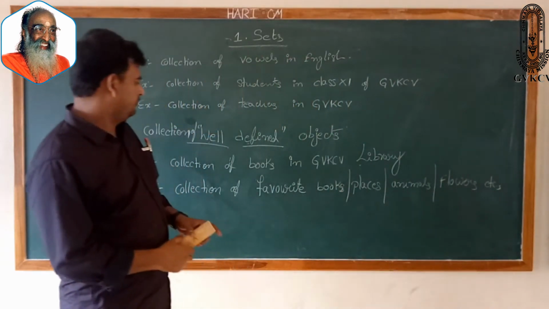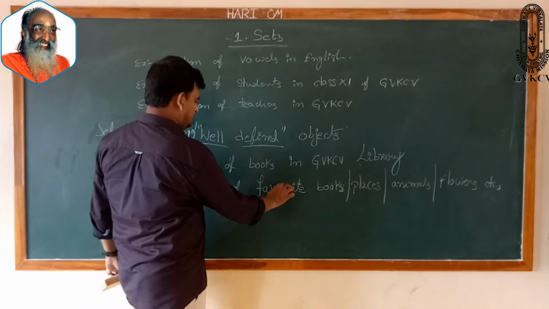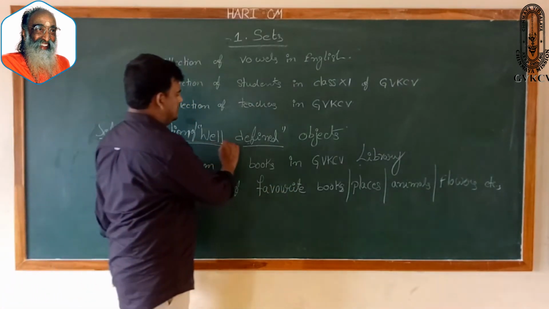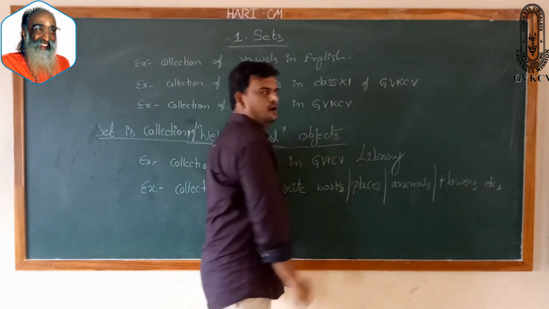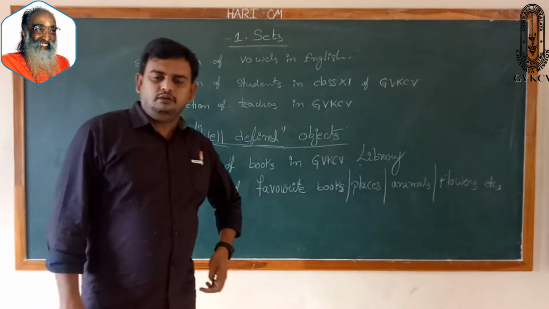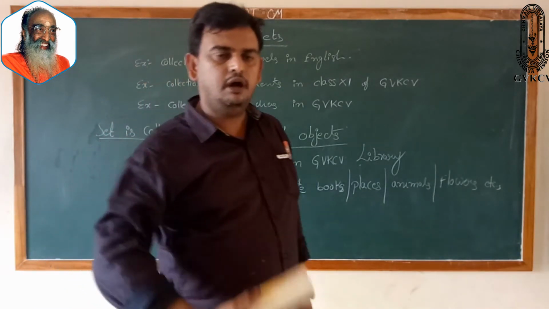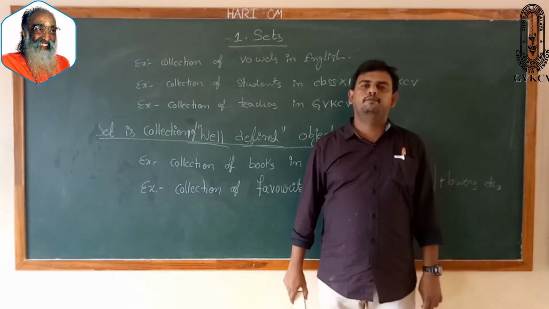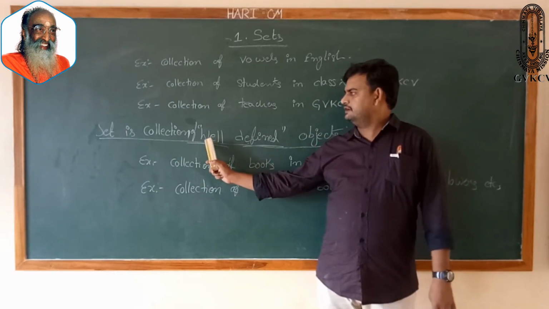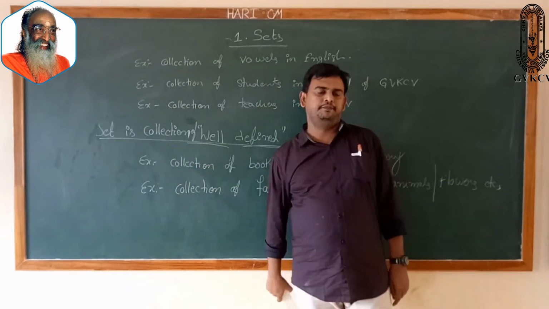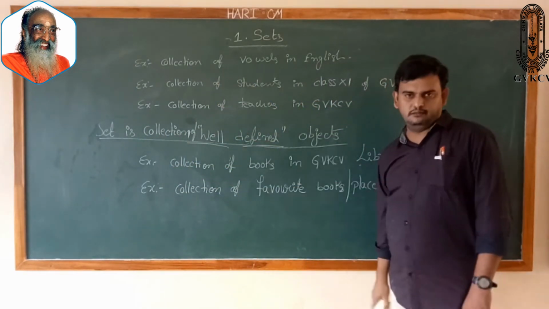Now, when we observe all these examples, what I told you, a set is a collection of well-defined objects. While we are giving the answer, we should not have any kind of doubt. That kind of collection is called well-defined, and it is called a set. Here I have given 5 examples.